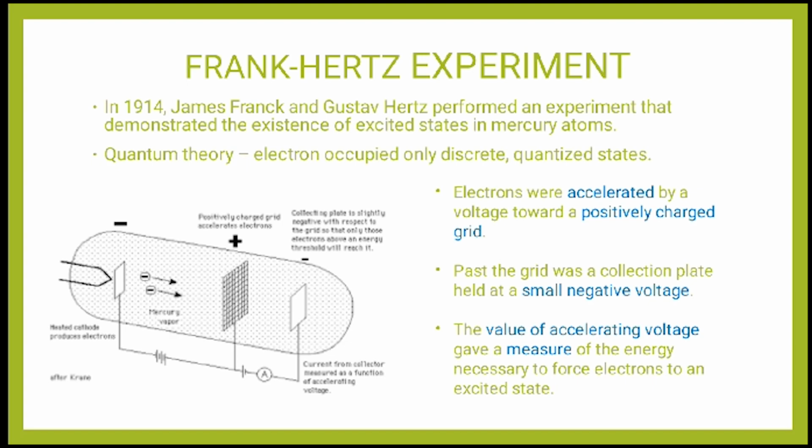We can also see that past the grid was a collection plate held at a small negative voltage. At the end of this experiment, the value of the accelerating voltage gave a measure of the energy necessary to force an electron to an excited state.